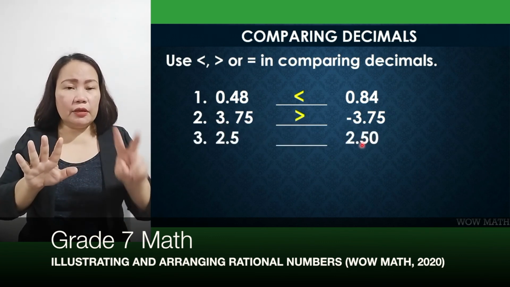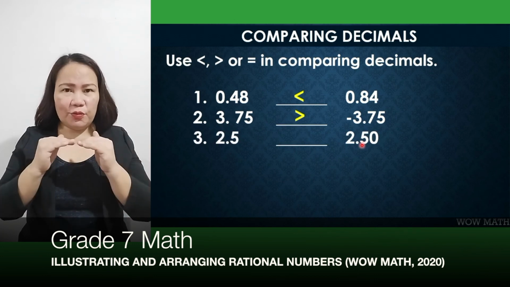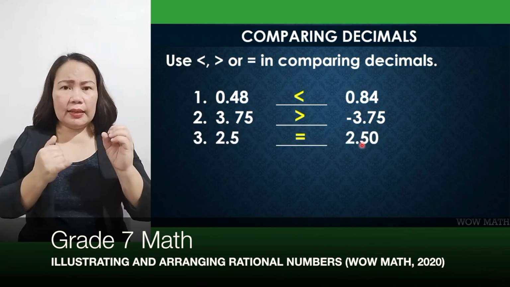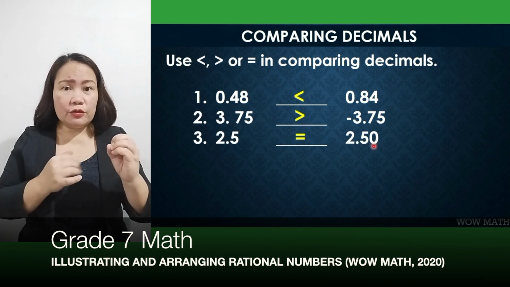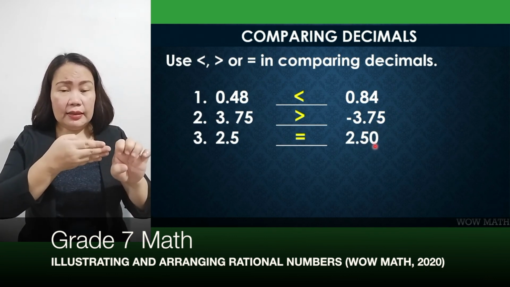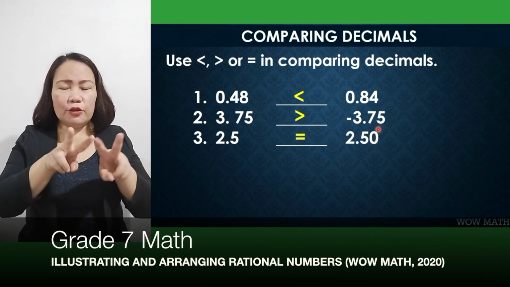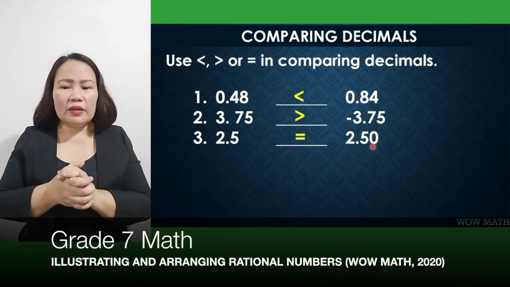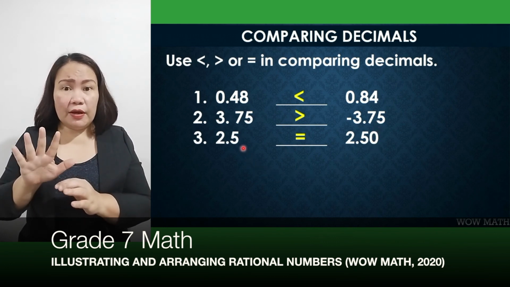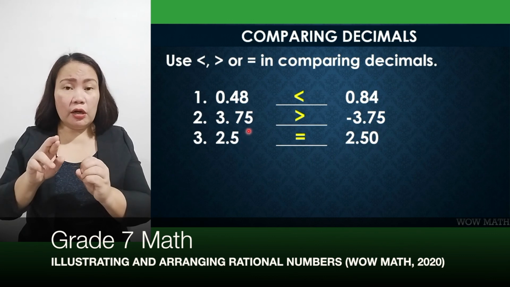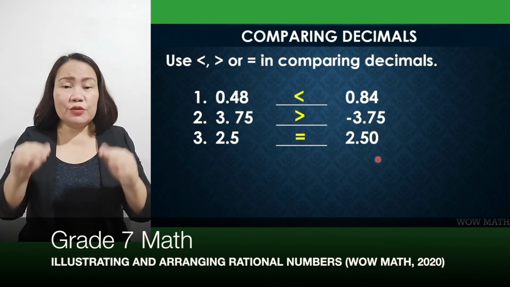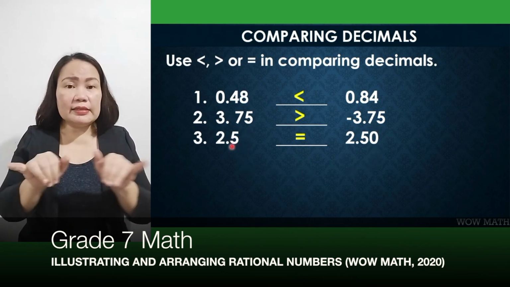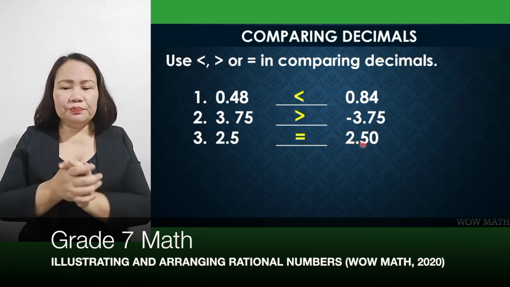So, which one is bigger or lesser? They are equal. Why? Since ang 0 natin ay nasa dulo. So, kapag nasa dulo ang 0 natin, there is no value na yan. So, kagaya nito, may 0 man siya o wala, wala namang value yan. That's why they are equal. So, 2.5 is equal to 2.50.